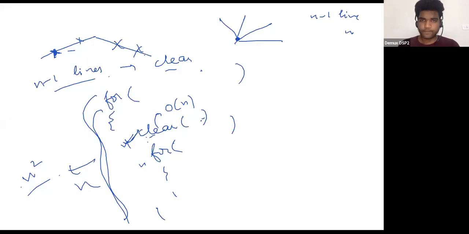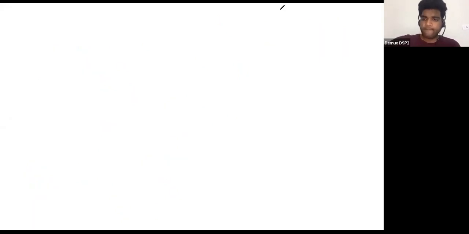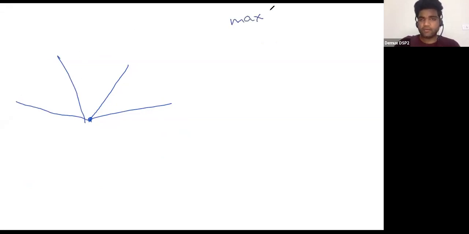So what I'm doing here is, when I'm enumerating all the lines with this as one of the points, in my max count I am keeping all these crosses that I'm getting. And every time I encounter a dot, which is basically this point again, I am incrementing my dupe.